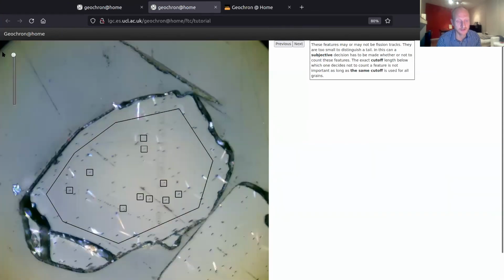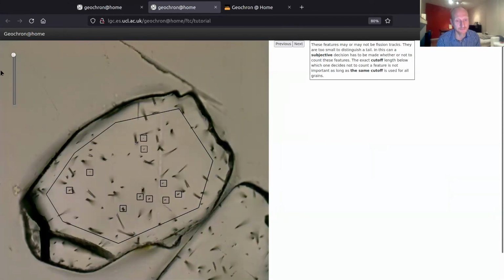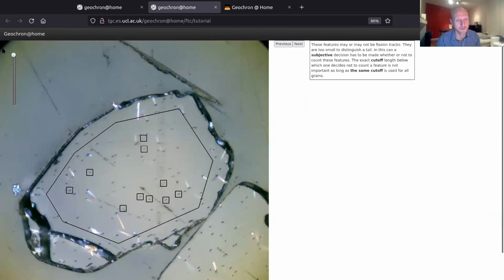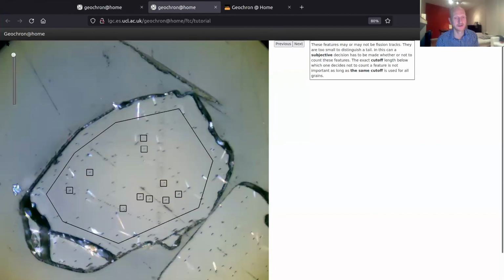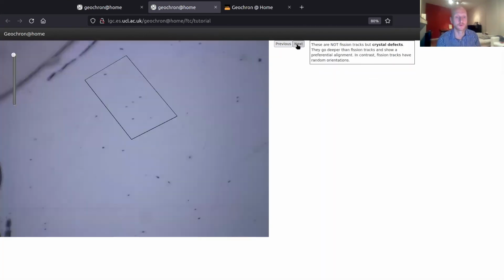These features in these squares here, they all have etch pits, but they don't have a clearly recognizable tail. So I'm not sure whether these are fission tracks. You could count them or you could not count them. As long as you are consistent with your approach to counting fission tracks, I compare samples to standards and I correct for this observer bias. And that's really the power of crowdsourcing.